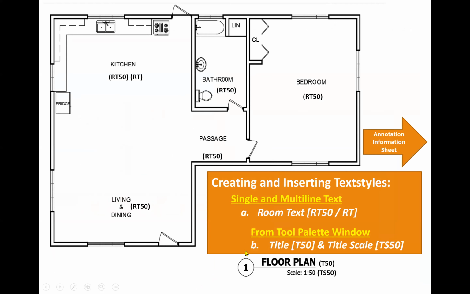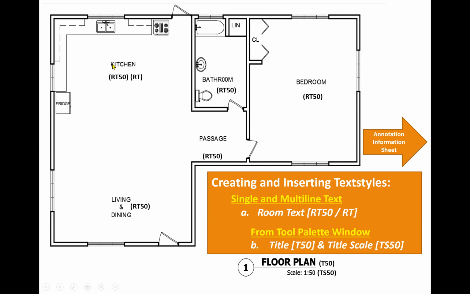And the other annotation that we're going to have is the option to put in a title for floor plan. So it's two different methods of inserting we're going to be looking at, right? But before we start inserting our text, the recommendation would be to create what I call text styles.